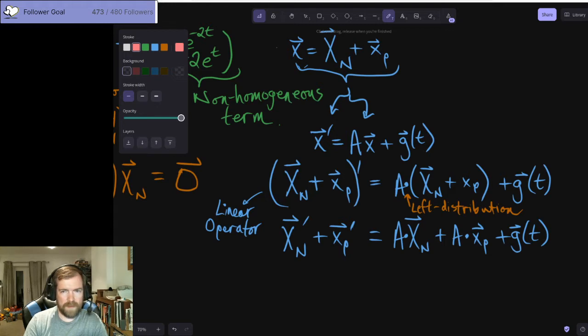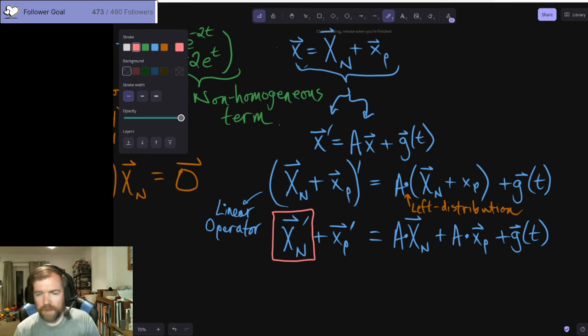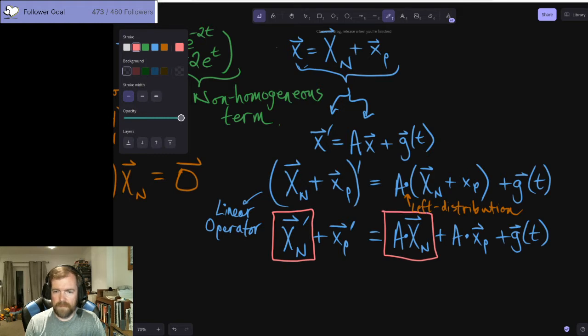Sorry, it's always dangerous to click things. It is, very dangerous. So we have our x_n prime on the left, which is just going to be 0, or the A x_n is going to be 0. That's your null solution.